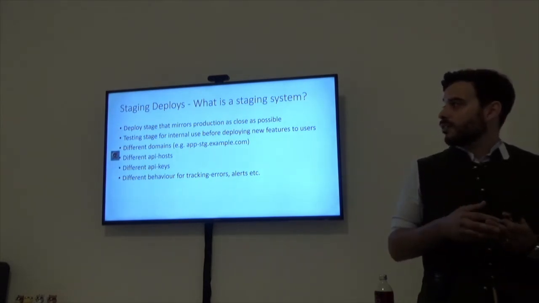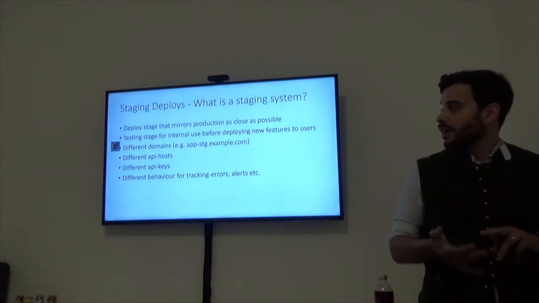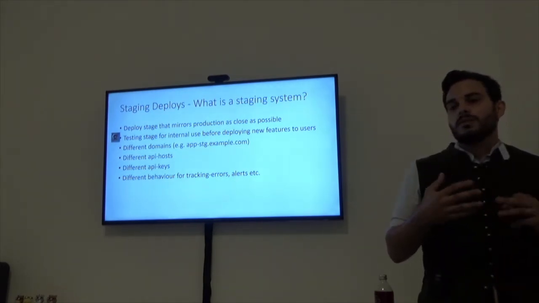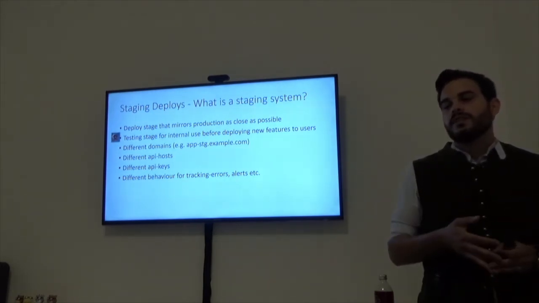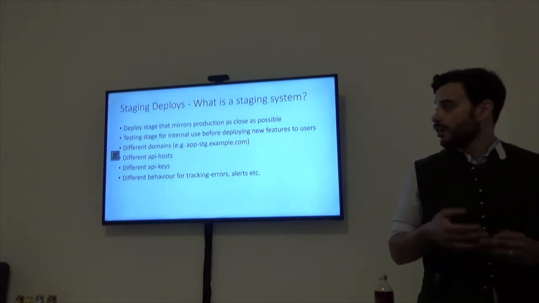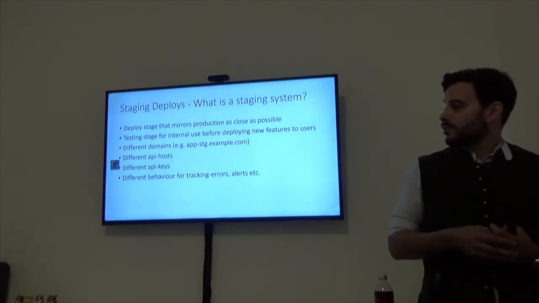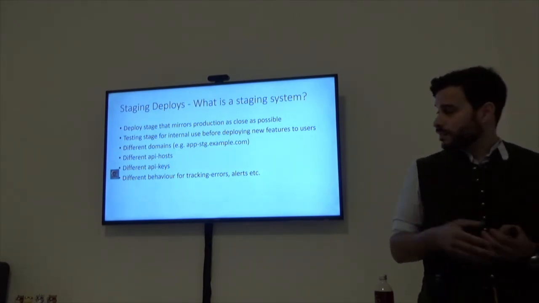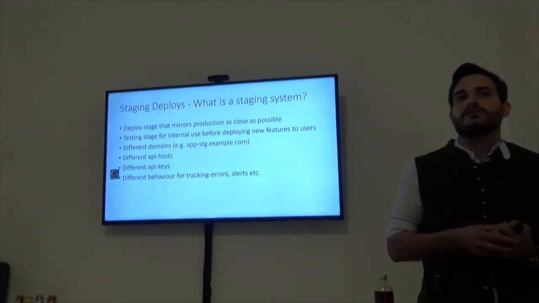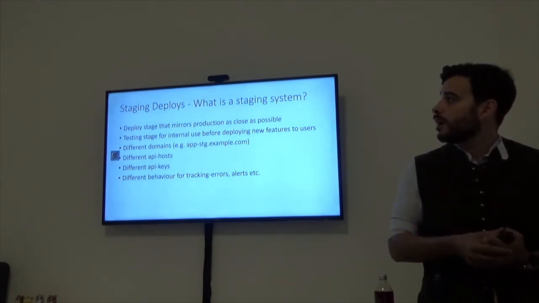The only difference of a staging system is that it will most likely be hosted on a different domain, and it will need to use some different application configuration than your production systems. For example, you need to use different API hosts, or different API keys for several services, or you might want to turn off several specific services altogether because it's just a staging system.